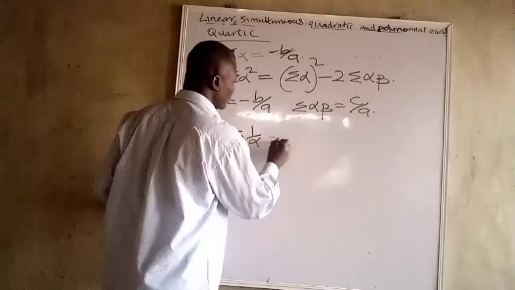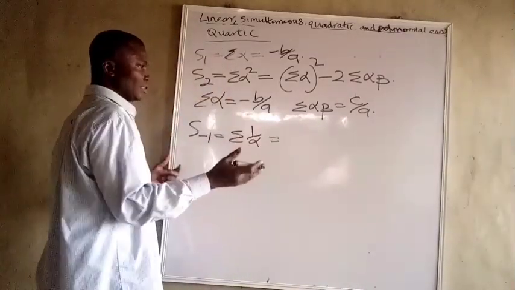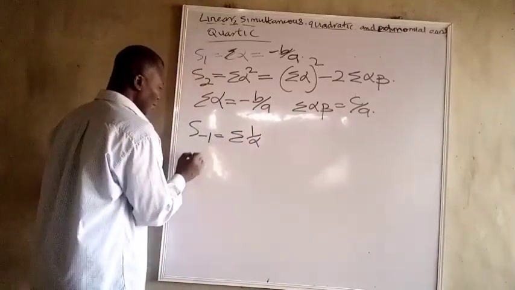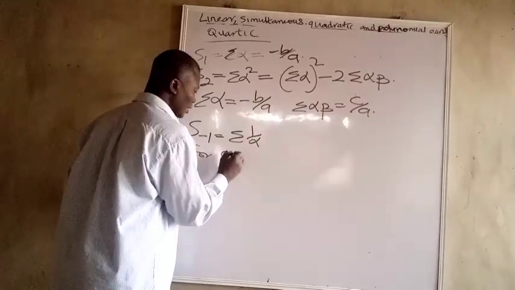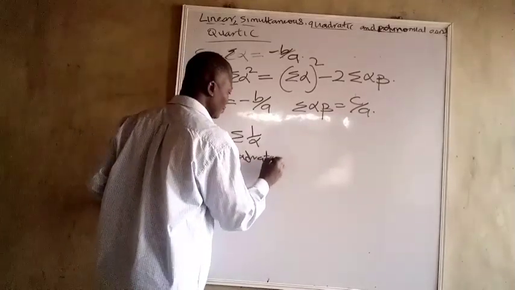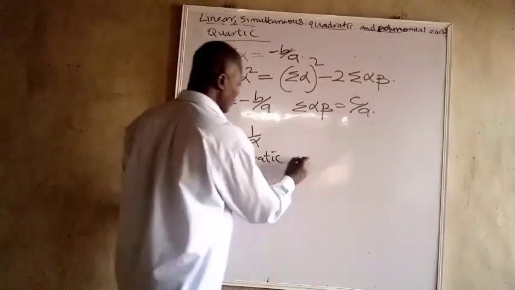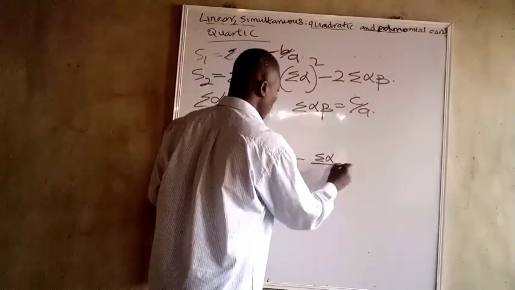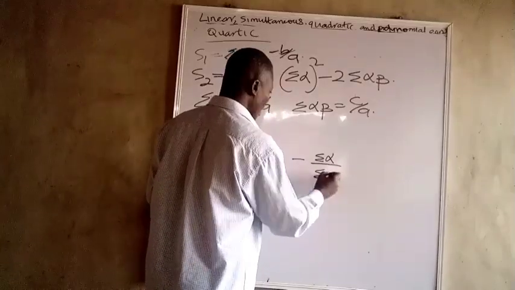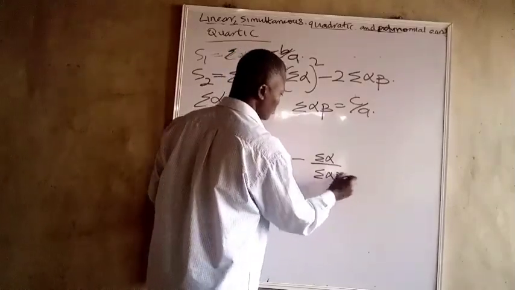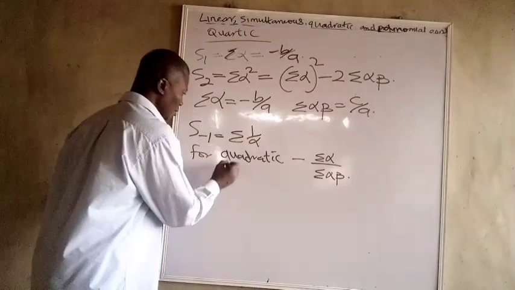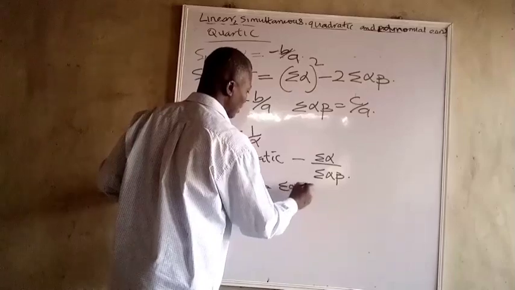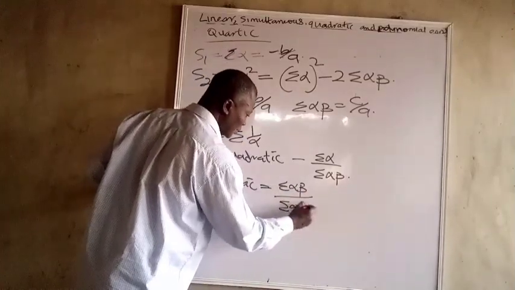And this will depend on the degree. Let's say for quadratic, it will be summation alpha over summation alpha beta. For cubic, it will be summation alpha beta over summation alpha beta gamma.